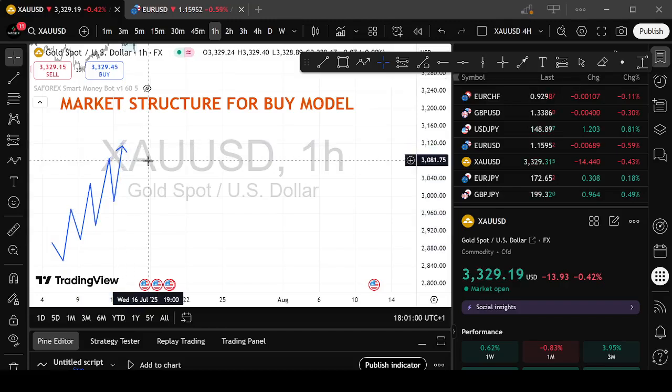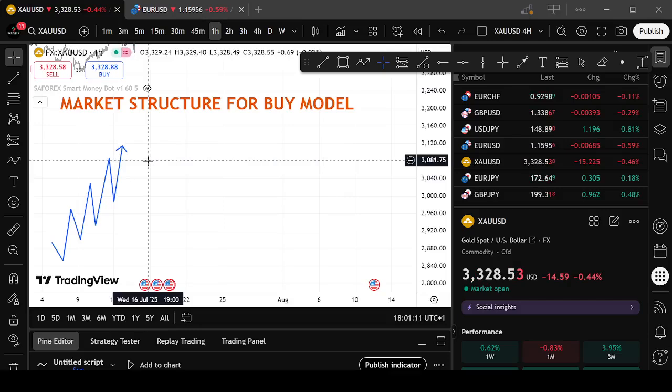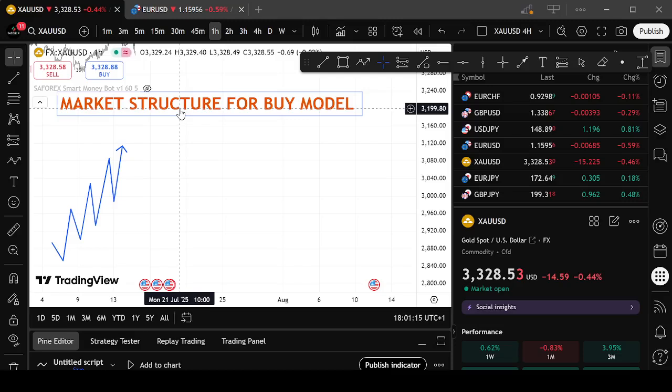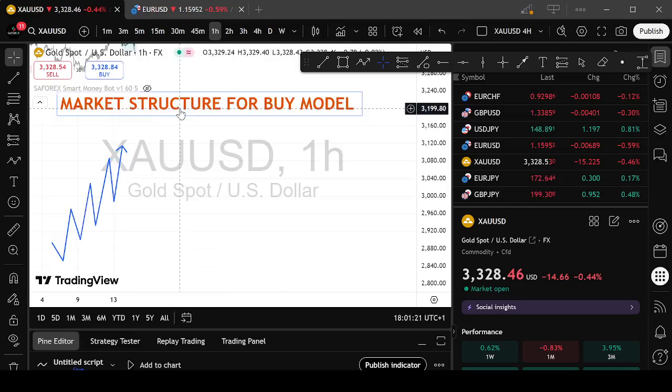There are key things we need to pay attention to. Number one is the accumulation phase. We said that the market actually moves in three different phases: the uptrend or buy trend, the downtrend, and the sideways. The accumulation phase is the sideways or down slowly.